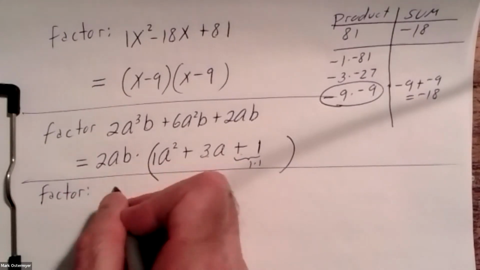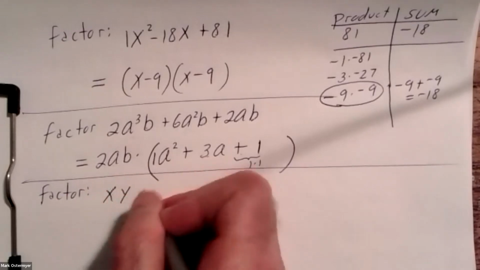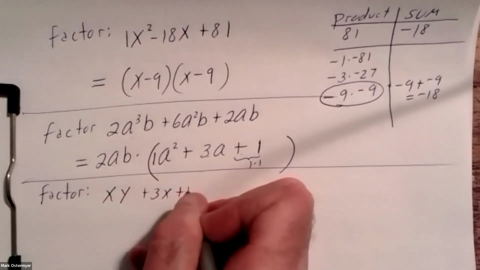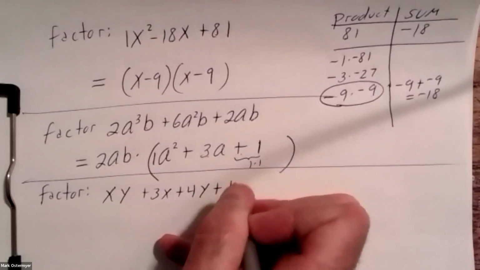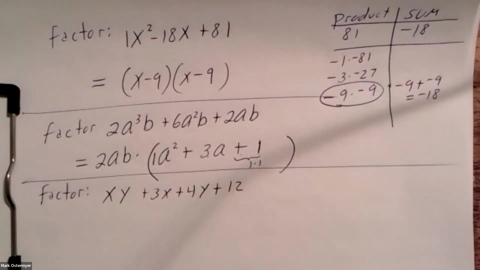Let's see if we can factor xy plus 3x plus 4y plus 12. All right, ladies and gentlemen, how would we factor this? First question we ask ourselves is, can we factor anything out of all four terms here?